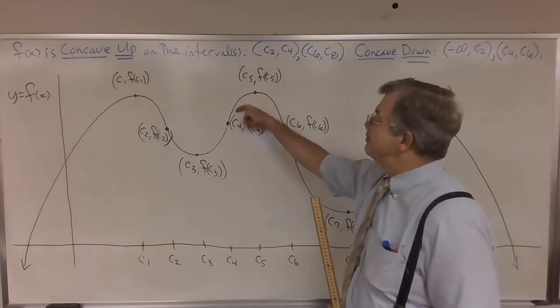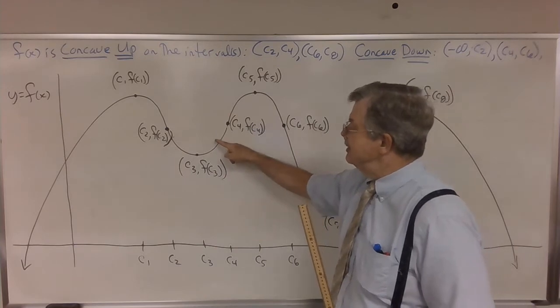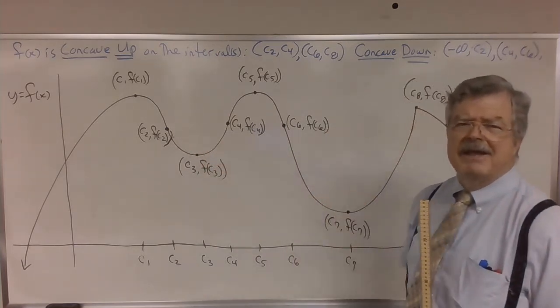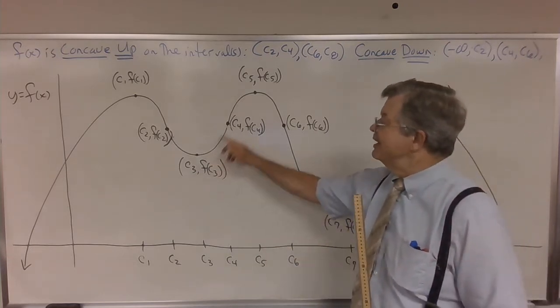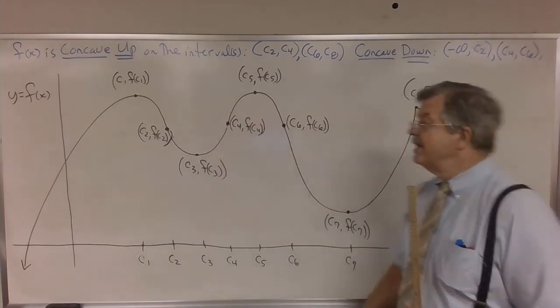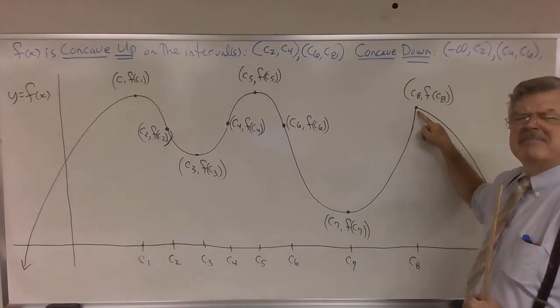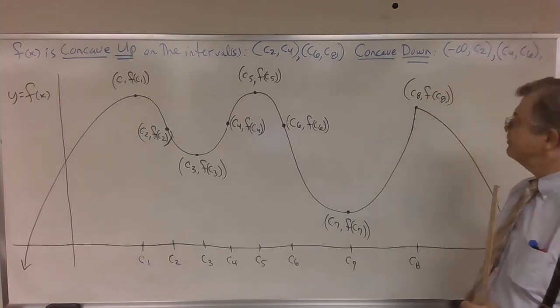These smooth, round relative maximums and smooth, round relative minimums, those are type A critical numbers. When we have a jagged edge relative maximum, that's a type B critical number.